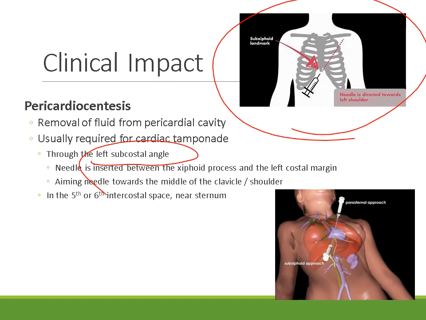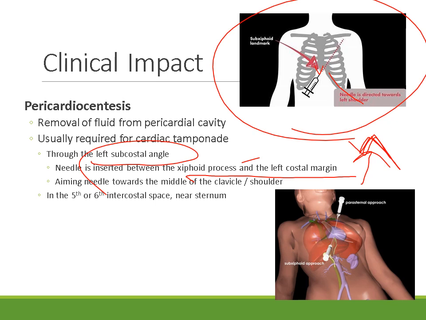If you look here, you can see the xiphoid process poking down, and then the costal cartilages going down from that. The left subcostal angle is the angle there between the xiphoid process and the costal cartilages on the left side. So the needle is inserted between the xiphoid process and the left costal margin, the margin of those costal cartilages. So that's where the needle point is going to be inserted.